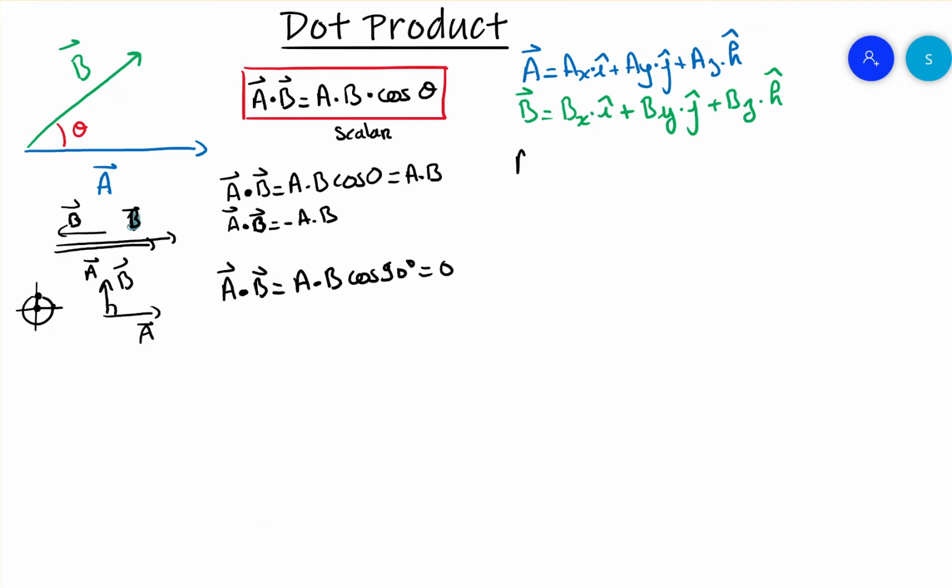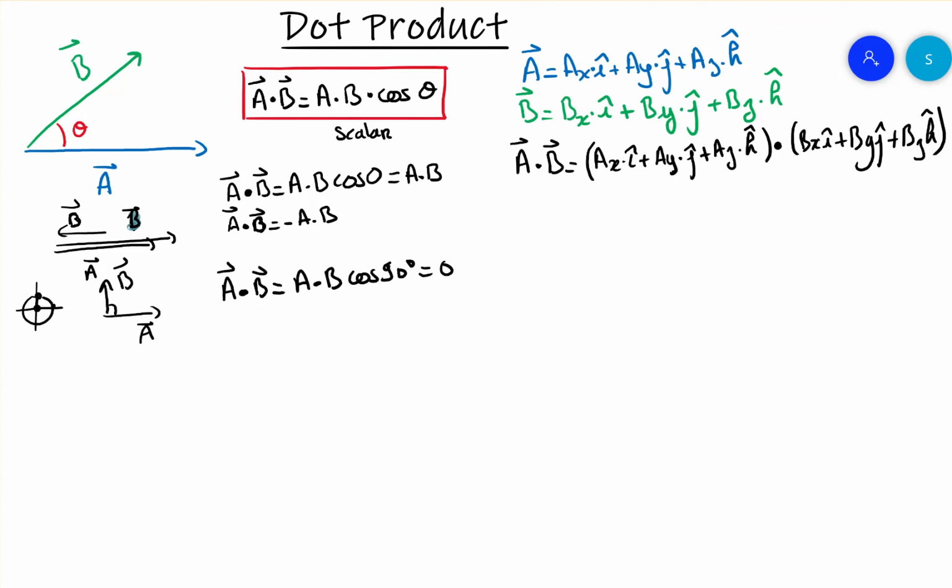So if we take the dot product A dot B, it will be (Ax i hat plus Ay j hat plus Az k hat) dot (Bx i hat plus By j hat plus Bz k hat). I know it's long and it will be much longer; I will develop everything.